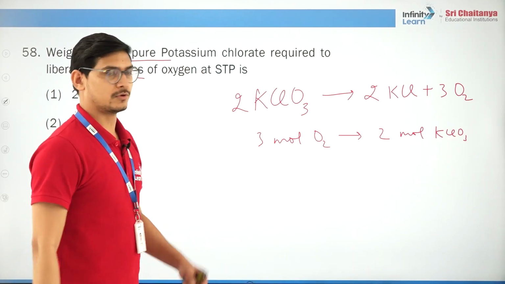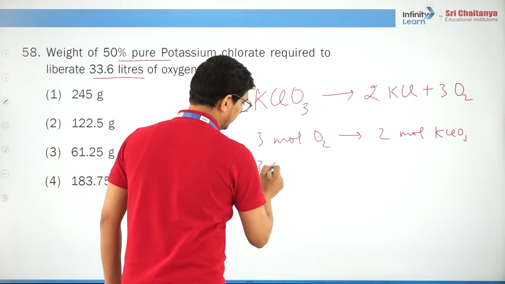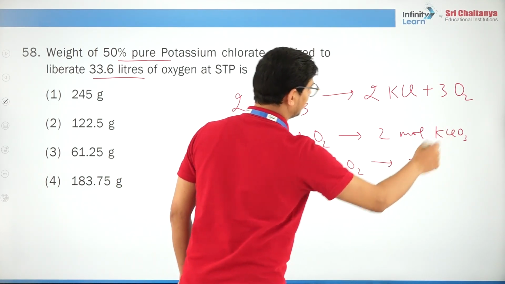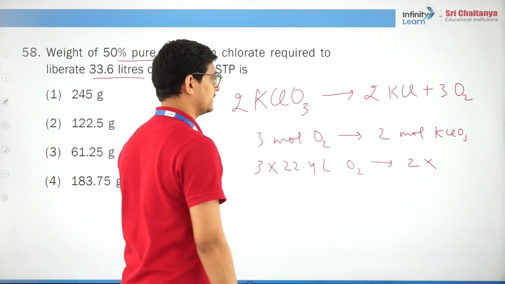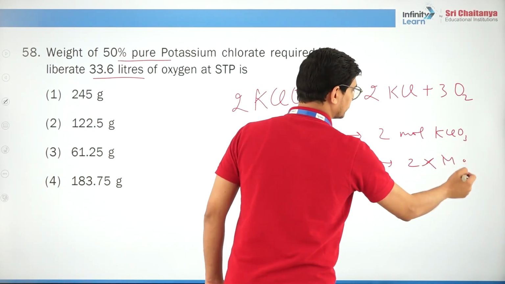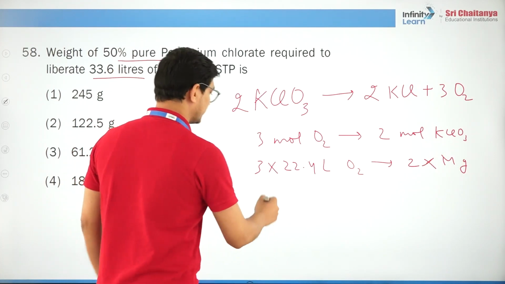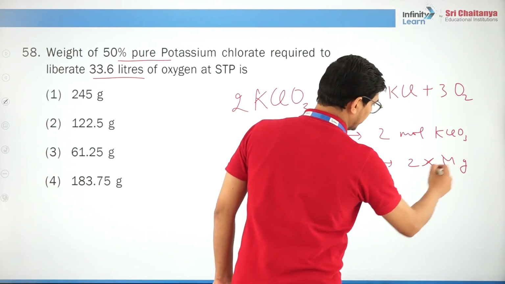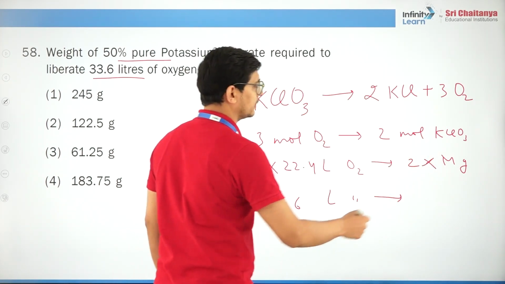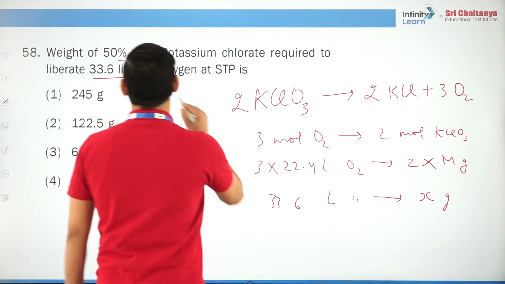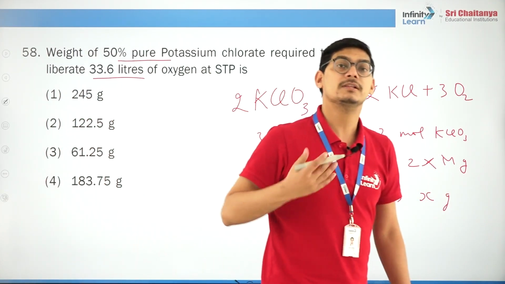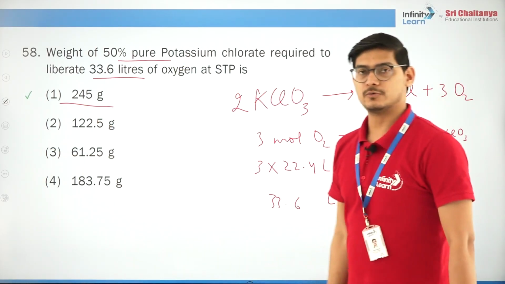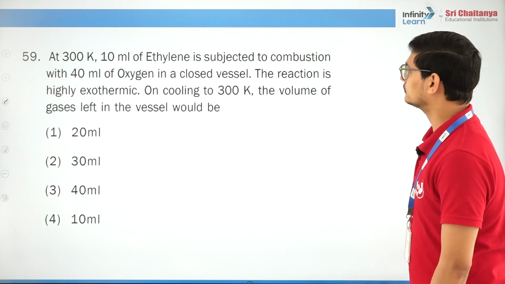If I convert it to corresponding volume and mass, then this will be 3 multiplied by 22.4 liter oxygen and 2 multiplied by the molecular weight of KClO3, let us call it m gram. And now if we need 33.6 liter of oxygen, for that you can calculate the amount of KClO3 required. That will be x gram, but because the sample is 50% pure, you will actually require double the amount. So the correct answer you can find out, it will come out to be 245 gram. Clear?